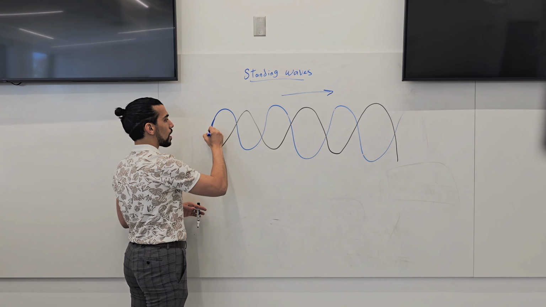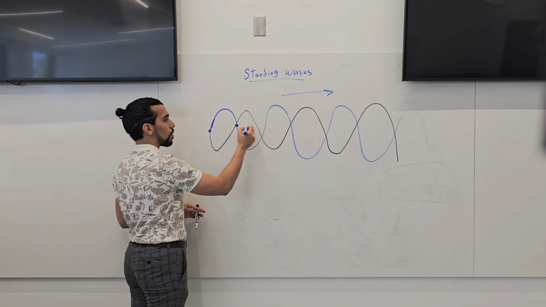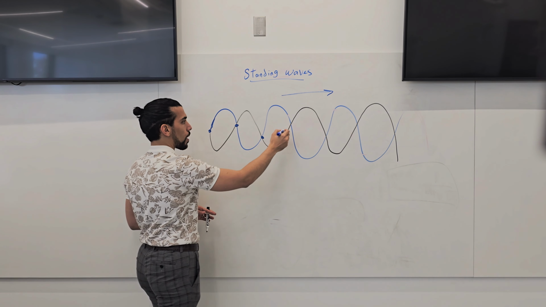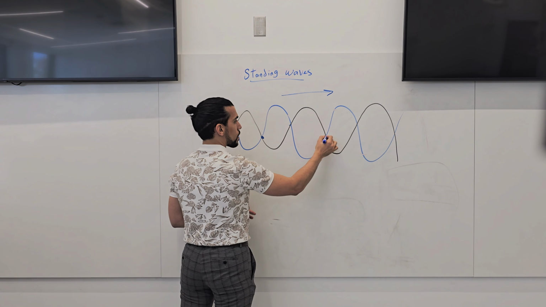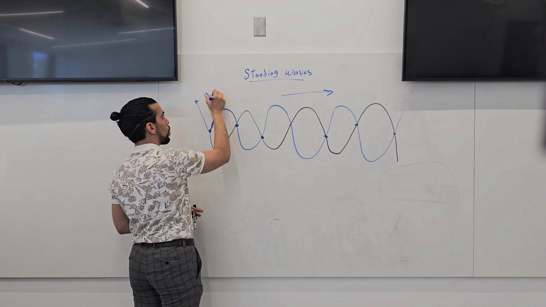A wave that has different nodes, zero points. I know it's not like this, I will draw it in a better way. But basically some zero points, we call them nodes. These ones, a node.